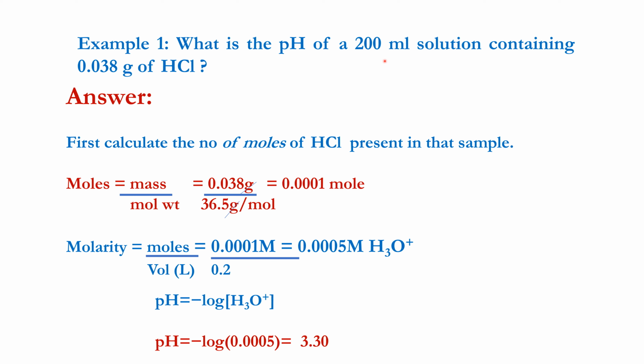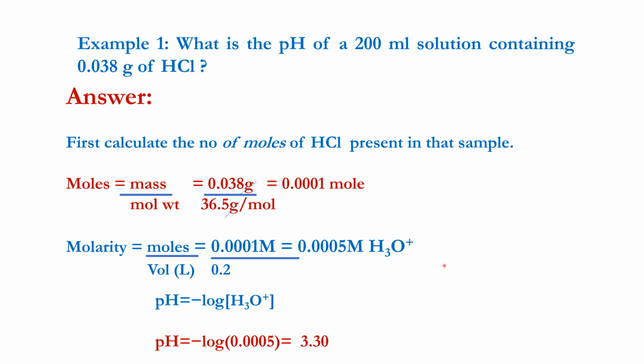We convert it to liters by dividing 200 by 1,000, which gives 0.2 liters. So when we divide 0.0001 mole by 0.2, we will get 0.0005 mole of hydronium ion.